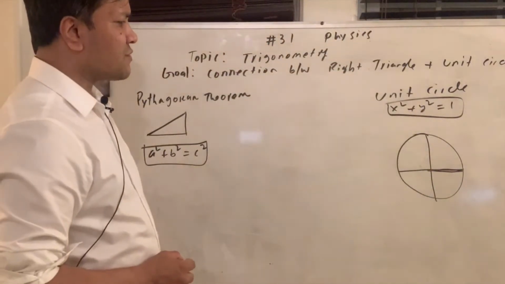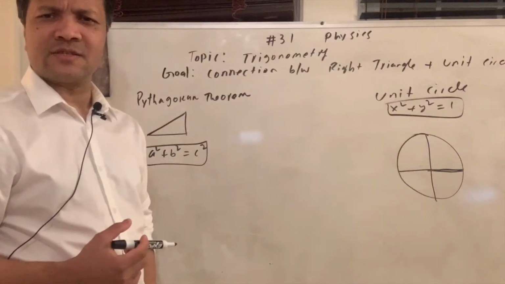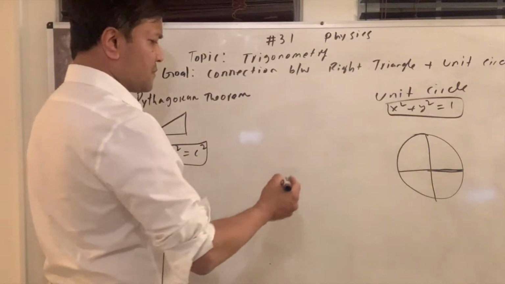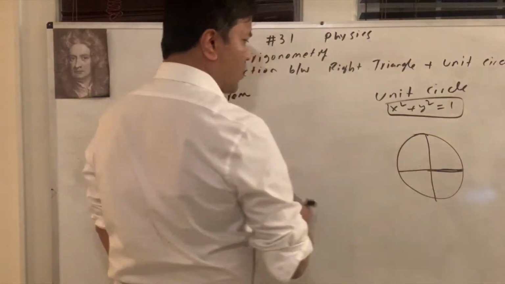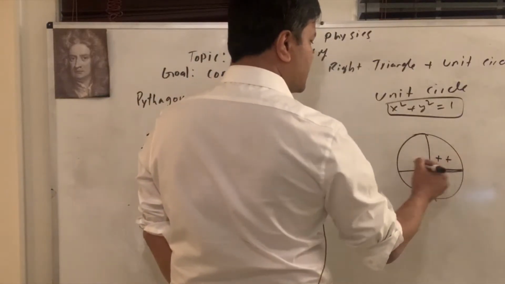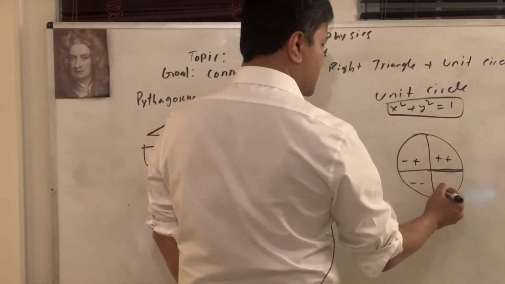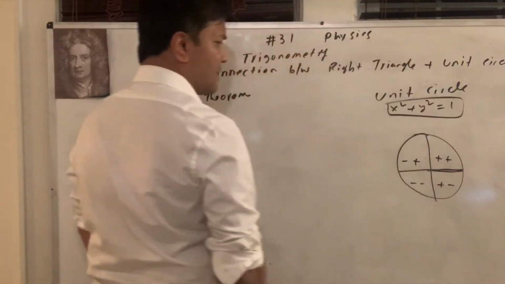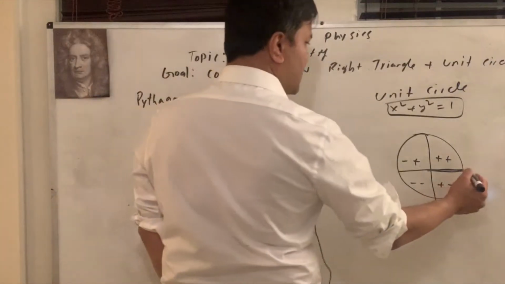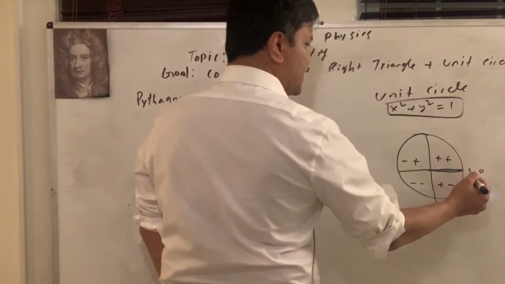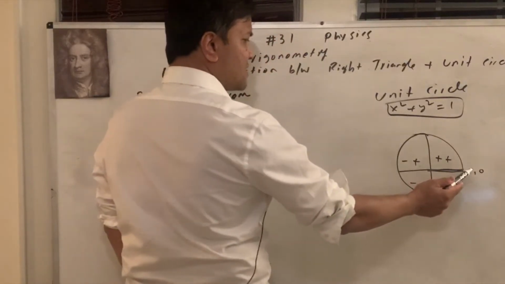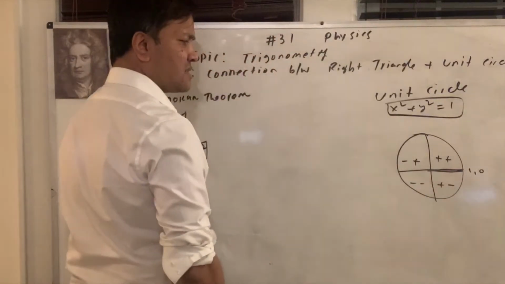Now let's write on the unit circle all the angles, not only the first quadrant but all the quadrants. So this would be plus plus, this would be minus plus, this would be minus minus, this would be plus minus. All right. So this one is 1 comma 0 because cosine 0 degree is 1 and sine 0 degree is 0.